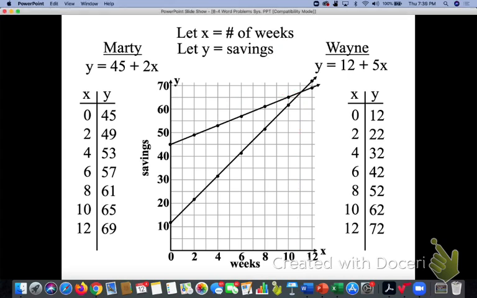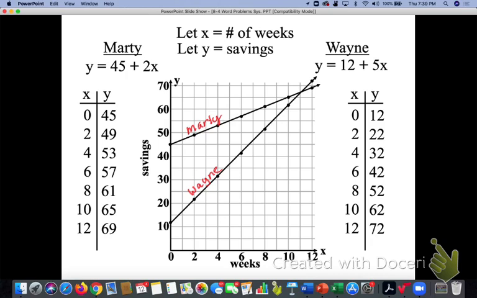Now, if this was an investment, and you were asked, who would you want to follow? We've got our first one up here. This is Marty, and this is Wayne. If this were your money and you were investing, I think the question I would ask is, it depends on how long I'm investing for.